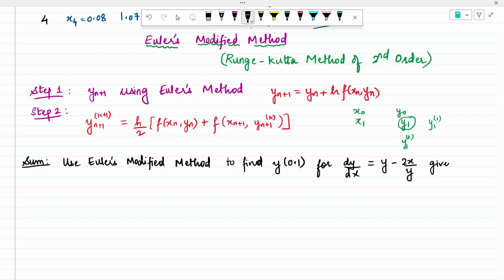Given y at 0 is equal to 1 and taking h is equal to 0.1.